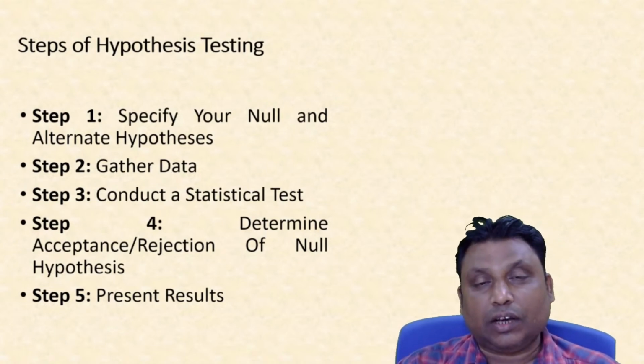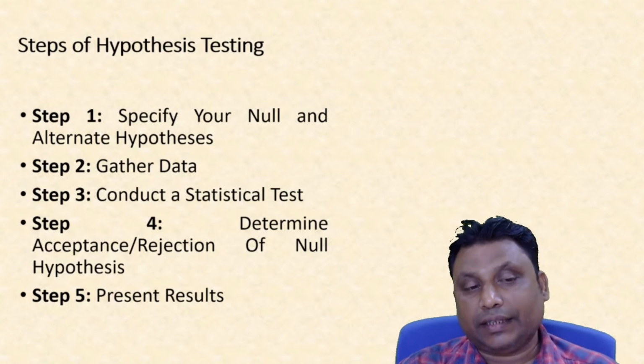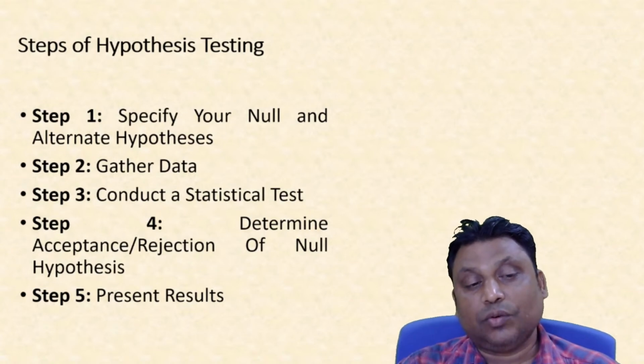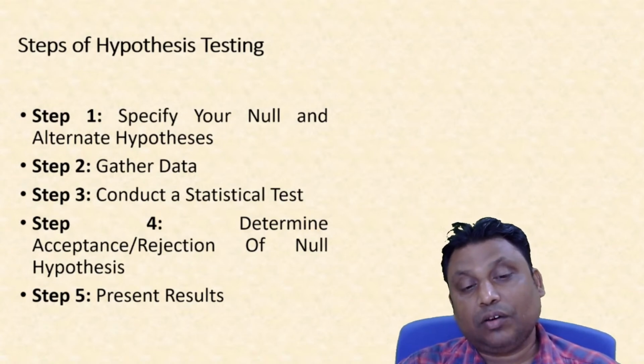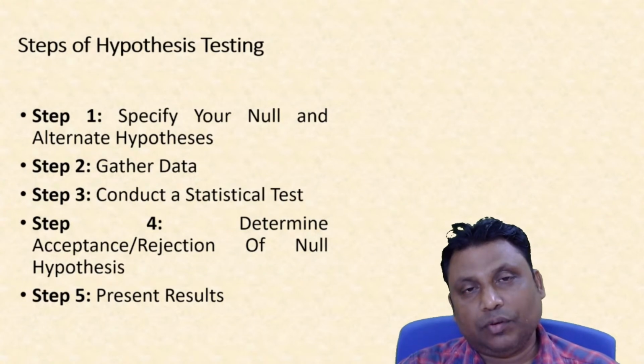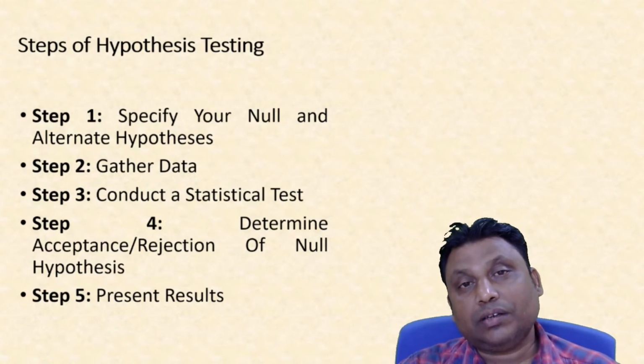Yes or no? Accordingly, you have to use the techniques. After you use the techniques, you have to find out whether your null hypothesis, or whichever hypotheses you have taken for analysis, is accepted or rejected. If accepted, then what is your result? If not accepted, then what is your result?